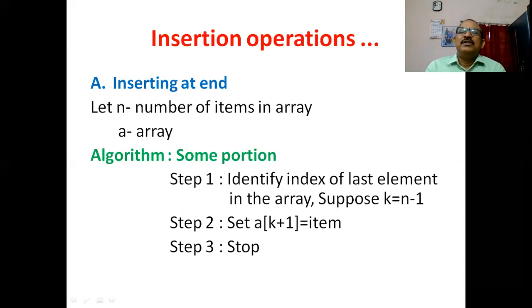And next step, stop the algorithm. With the help of these steps, we can design the entire algorithm, and we can convert this algorithm into the C language. If you know the algorithm, then it is very easy to convert it into the corresponding C language.